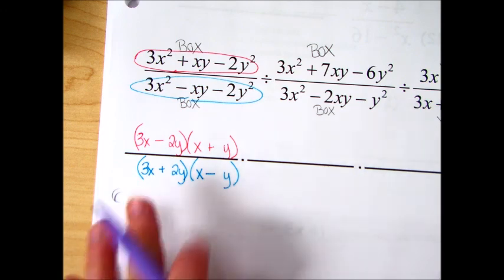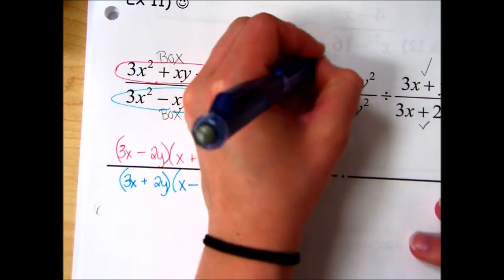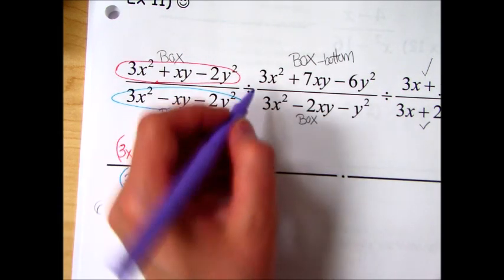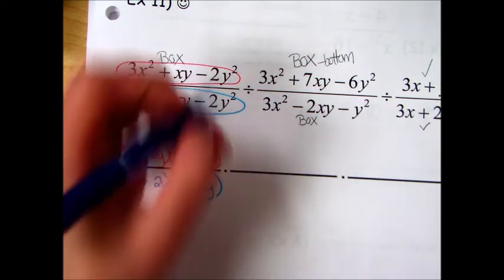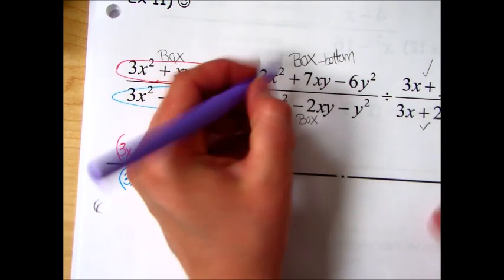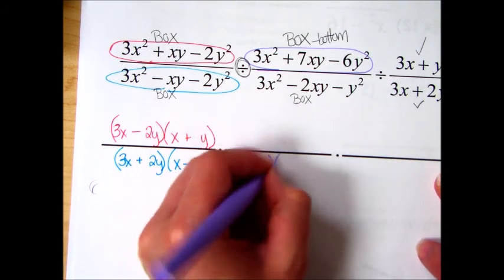Now here's what we need to be really careful about on this one. This one's a box problem and it belongs on the bottom because it follows a division sign. See how it follows that division sign? So when you factor this purple one, you put your answer on the bottom.